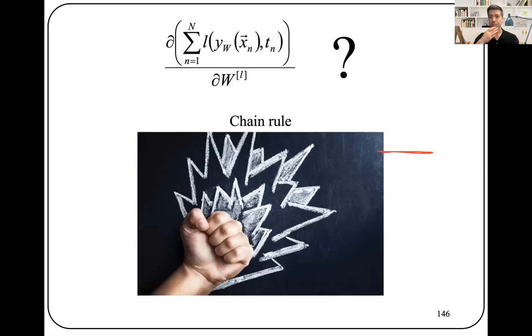All right, so again, the main issue is how do we compute the derivative of the loss? So notice here that I removed the regularization term just to make things a little bit simpler. So how do we compute this with respect to any weight matrix, including the weights of maybe the very first layer of our network?